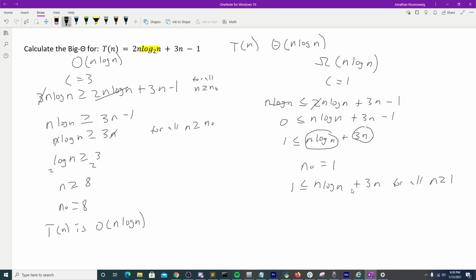So you can simplify the proof by just saying 1 is less than or equal to 3n, and this is pretty clear for all n greater than or equal to 1. So T of n is omega of n log n, which means that T of n is theta of n log n.